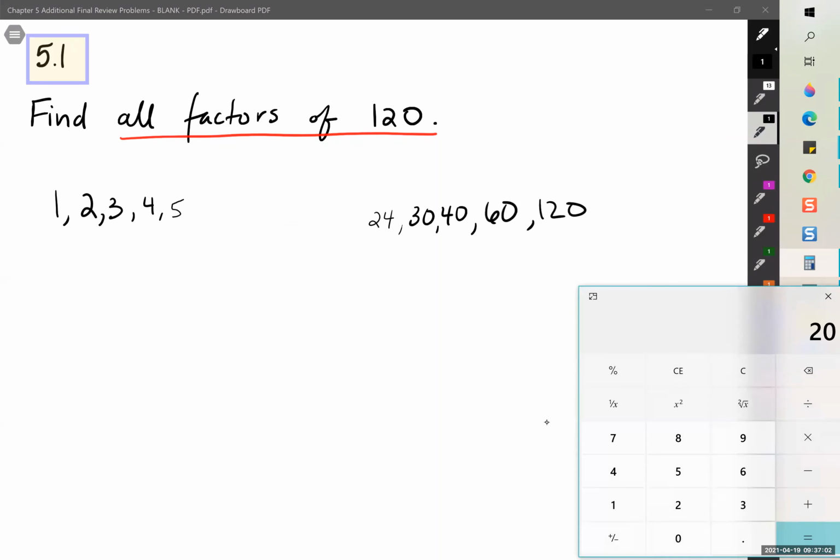Let's see 6, so 6 and 20. Does 7 divide it? If you'll notice, 7 doesn't, because we have that it divides as a decimal. So next we check 8. 8 divides, 8 and 15.